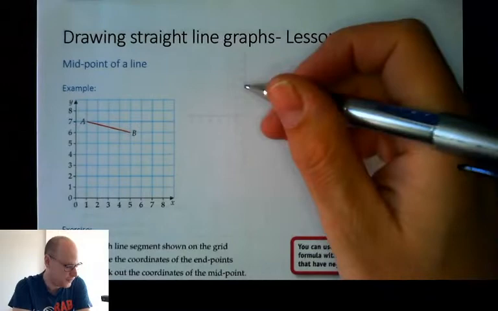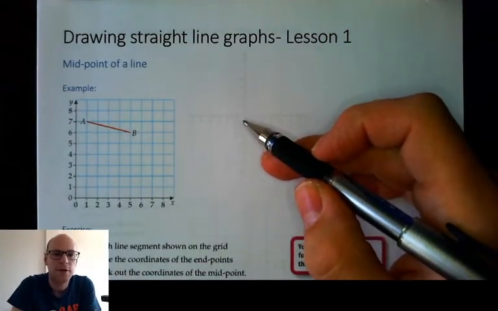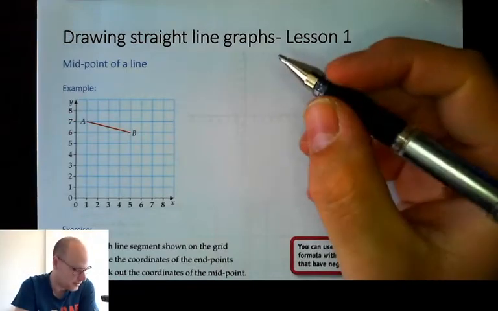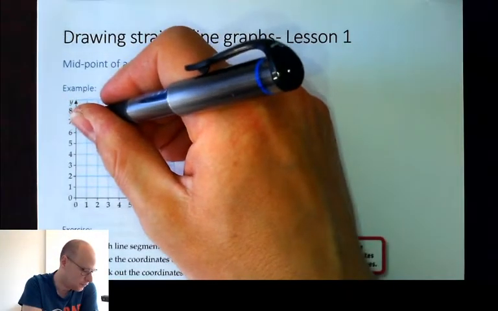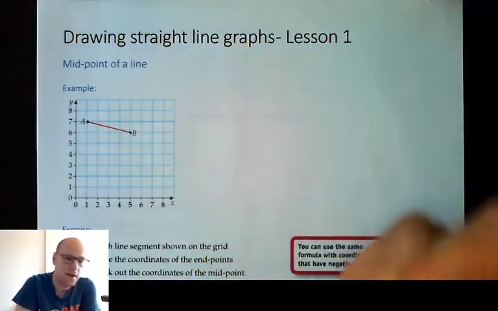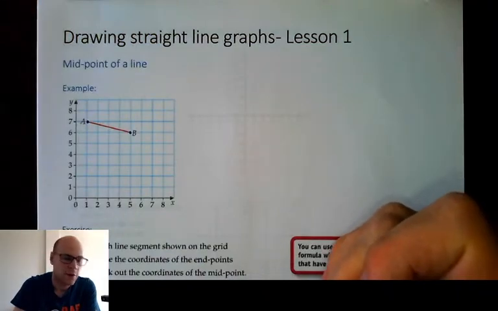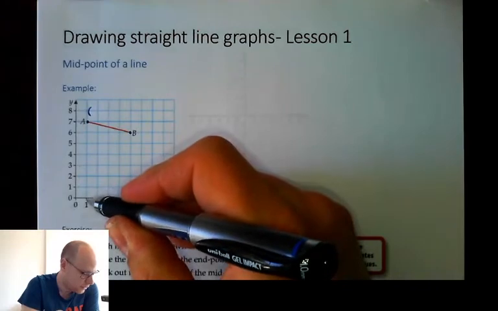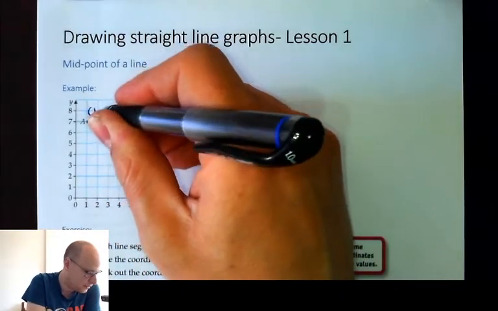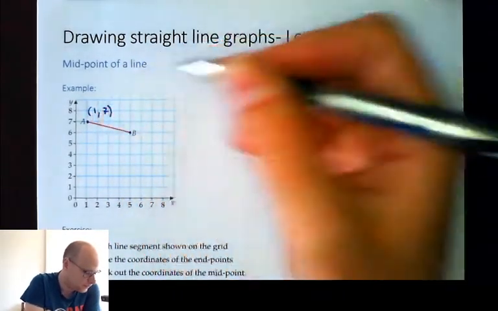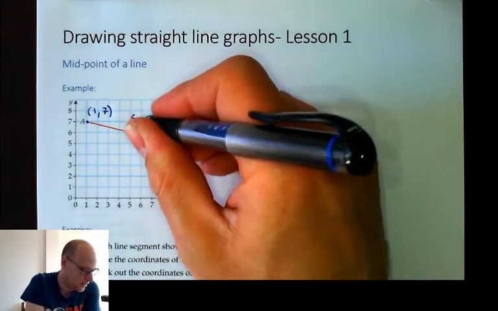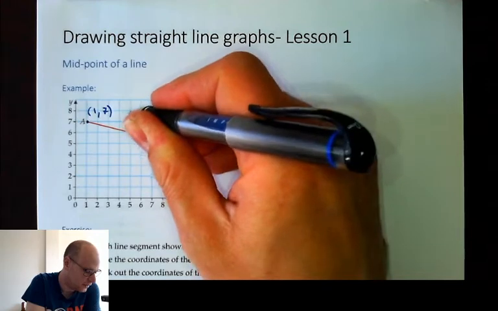Alright, so this first section is all to do with finding the midpoint of a little line. What we're going to do to begin with is identify the coordinates of the endpoints. So if we have a look at this first point, point A, along the corridor to 1, upstairs to 7 is 1, 7. And then this one, along the corridor to 5, upstairs to 6 is 5, 6.